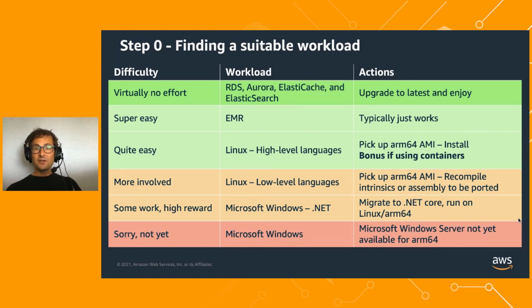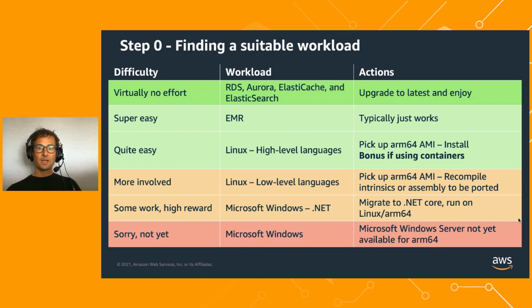It tends to be fairly easy, though, unless you're using intrinsics or handwritten assembly, in which case, of course, you will have to rewrite them to target the specific instructions of the ARM64 architecture. But in most of the cases, we've seen those workloads to actually be pretty portable, so they are a good target.